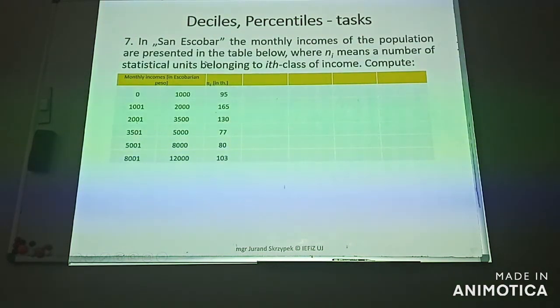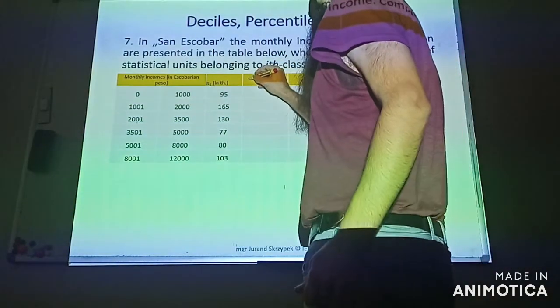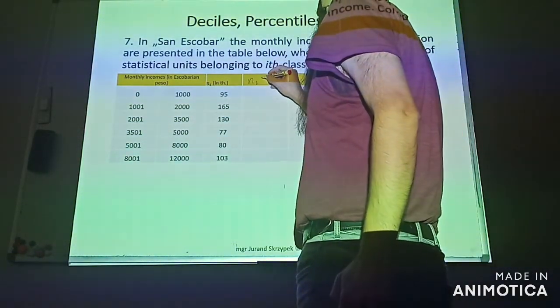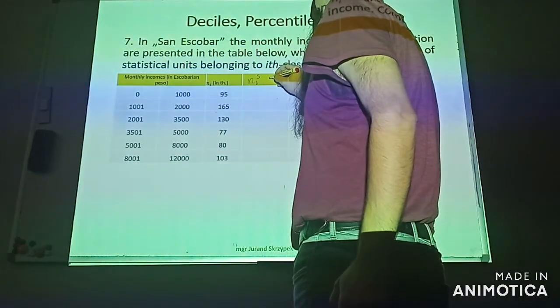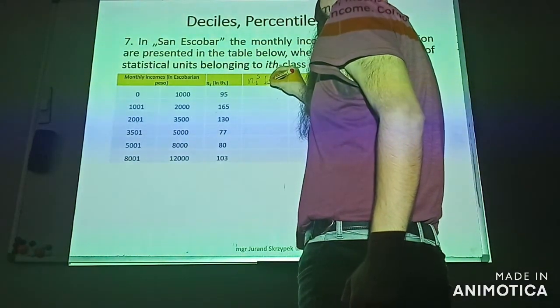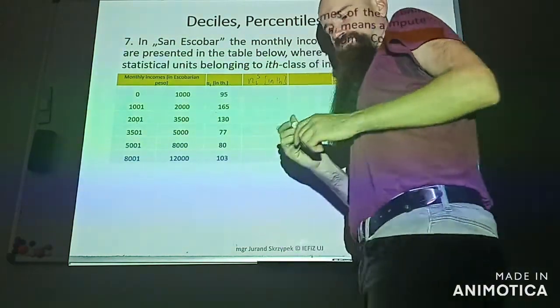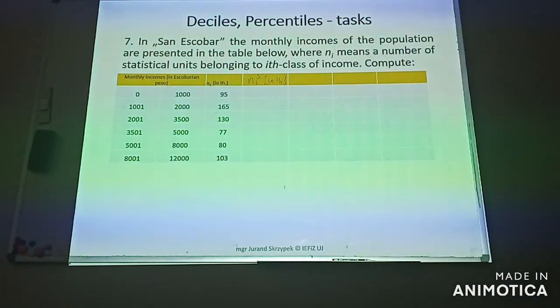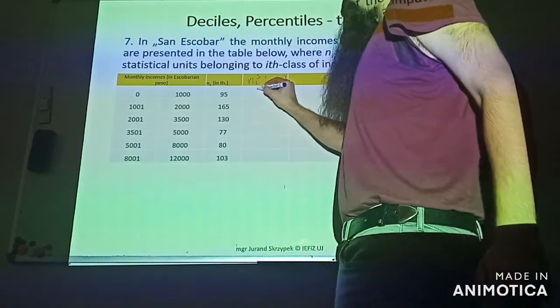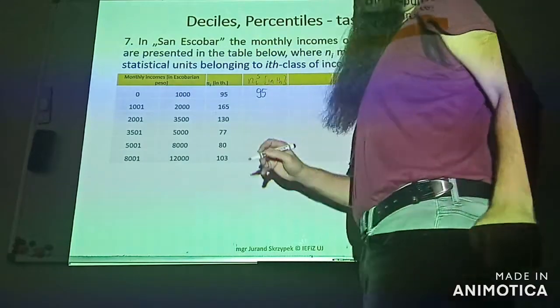of monthly income. As earlier, in the first step, we need the cumulative frequency in thousands. The cumulative frequency, which is 95.